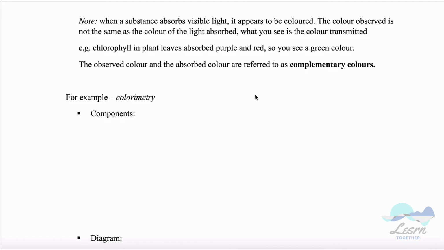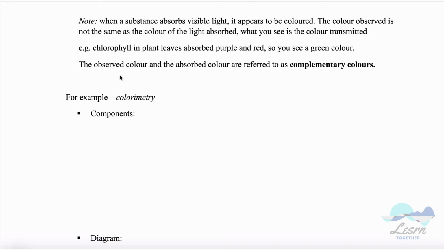So for example, the green plant leaves: the chlorophyll in plants, which gives it its green color, doesn't actually emit green light. What it does is absorb the opposite of green light, which is all your purple and your red colors. Because they absorb all those colors, the only wavelength of color that's left is the green color, right? So that's why you see green for plants. And that's what we call complementary colors. So we're going to utilize this concept in a sec to help us determine concentration, right?